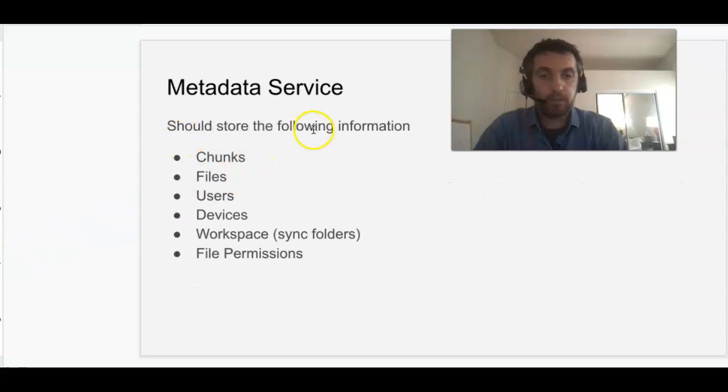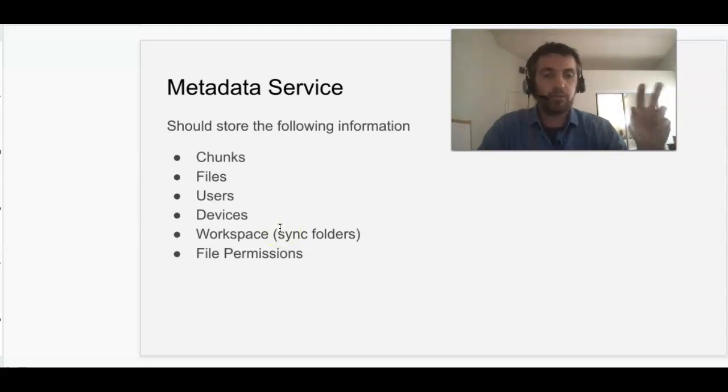Well, there we go. This is breaking this functionality down into pieces. There's what our storage will need to take into account. We need to store different chunks for our files, the files themselves. What kind of metadata do we need, right? Chunks, files, users, devices, because each user might have multiple devices.